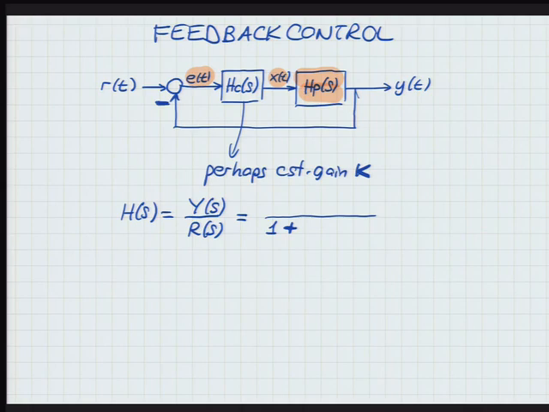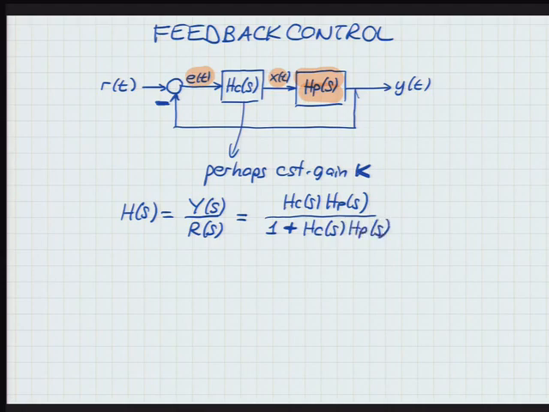What goes in the numerator is the product of everything you see in the feed-forward path. So in this case, it's H_C of s times H_P of s, right? And then what goes in the denominator is 1 plus the product of everything you see in the loop. In this case, everything you see in the loop is what you see in the feed-forward. It's still H_C of s times H_P of s. All right?